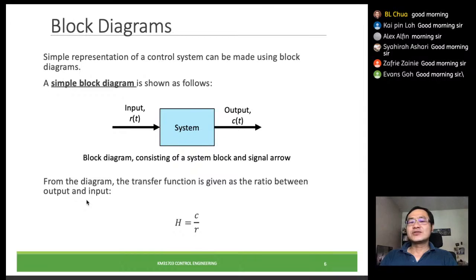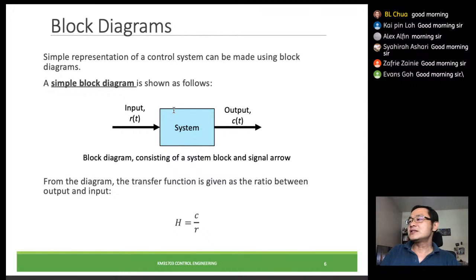This is a simple block diagram as shown. There is an input and there is an output, and the input goes through a system. This system can be a subsystem, or it can be a very big system that consists of multiple blocks.